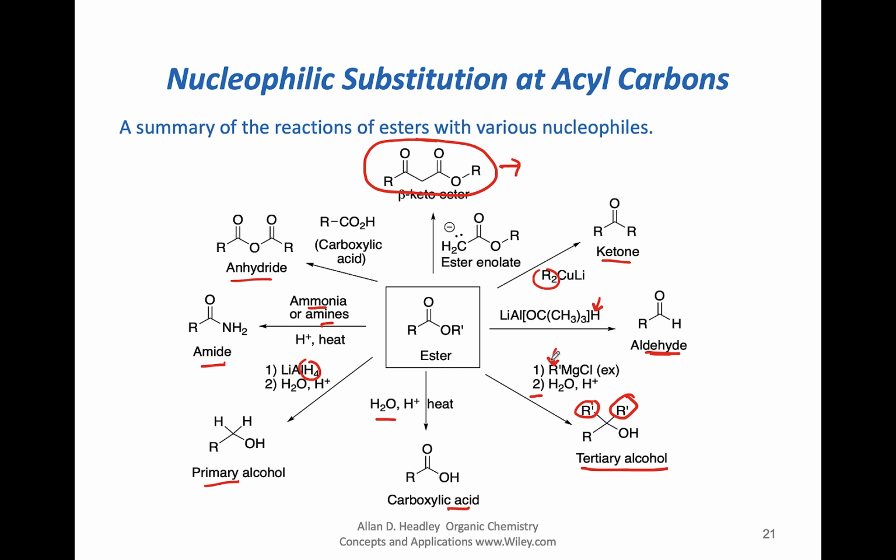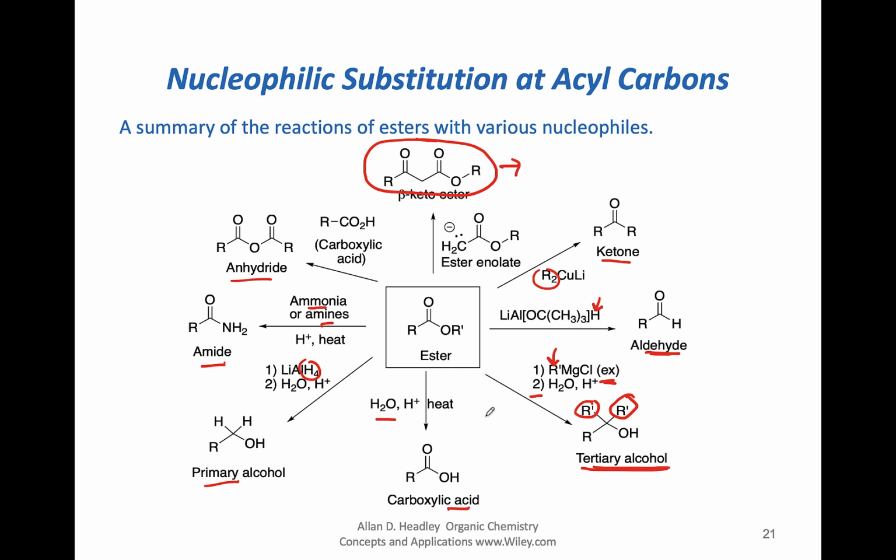Why? Because the Grignard is very reactive. So once the ketone is formed in the initial step, the ketone reacts with another mole of the Grignard, that's why we have an excess here, to give a tertiary alcohol.